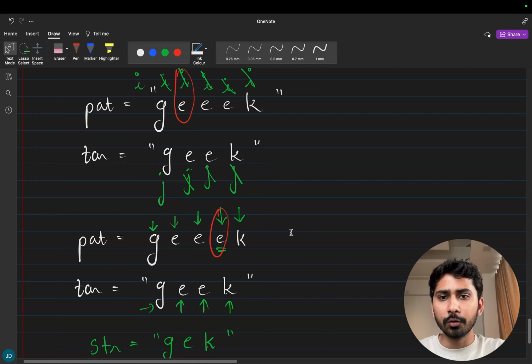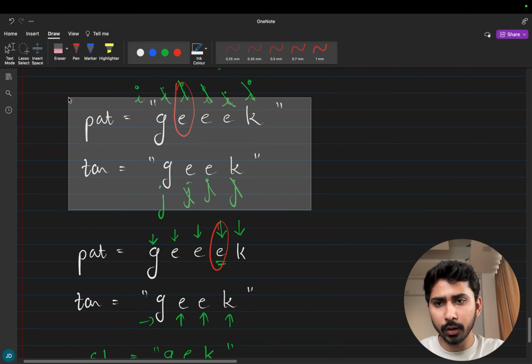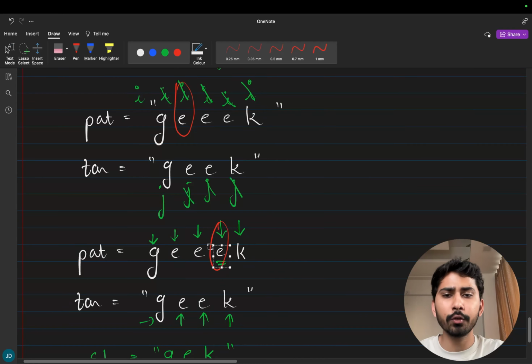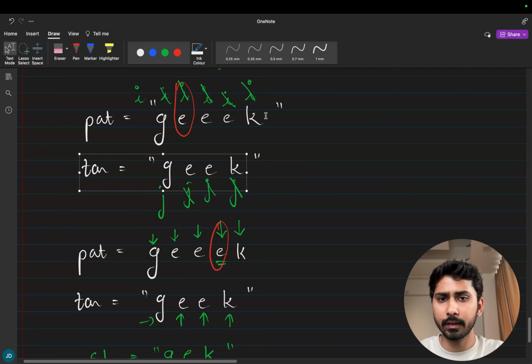Imagine that you applied a delete operation over here, then the generated string would have been the same as this. So it doesn't matter whether you apply delete over here, here or here, you will not be able to generate the string tar with the given characters of pet.